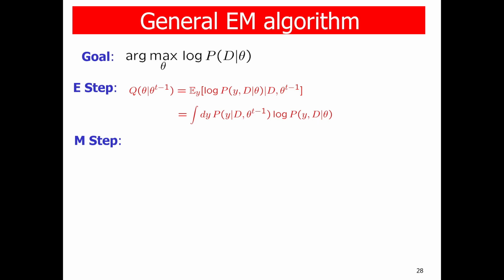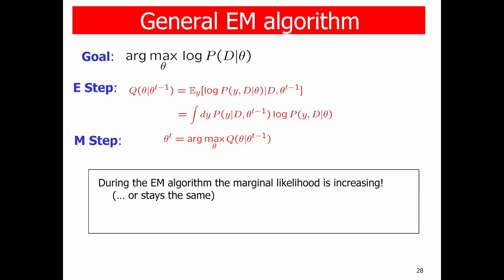We will discuss later why we define this function exactly in this way, but for now what you should see is that this function indeed has two arguments, theta and theta at the previous iteration t-1. The M step or maximization step is simply trying to maximize this function Q in its first argument theta. At this point, it might not be clear why this E step and M step do something reasonable. To make it clear, we will state our main theorem.